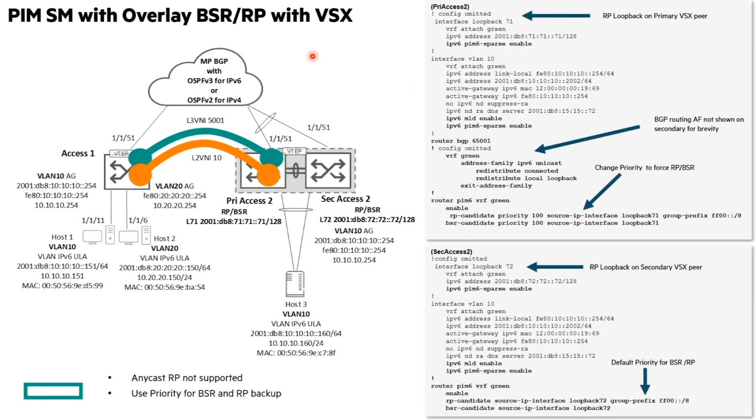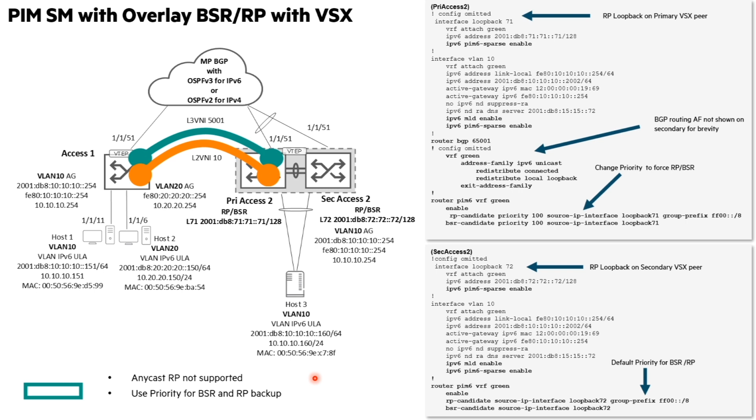Now looking at a similar scenario, however, we're now introducing a BSR and RP within a VSX environment, which is in the fabric. So remember, we don't support anycast RP in a fabric here.